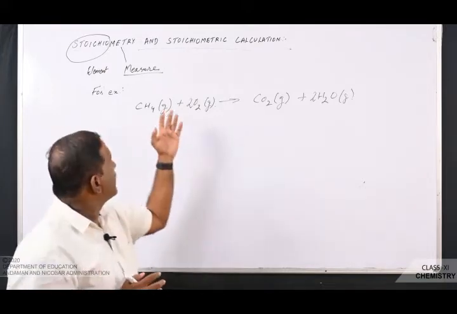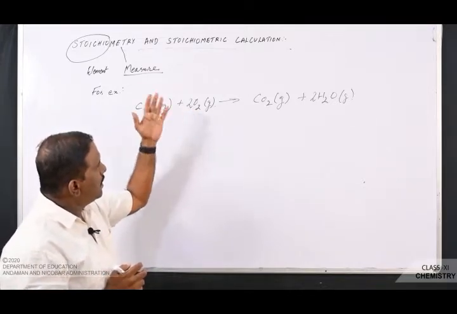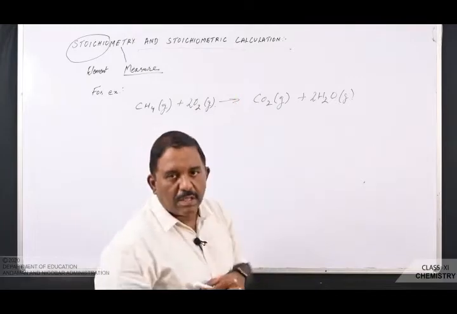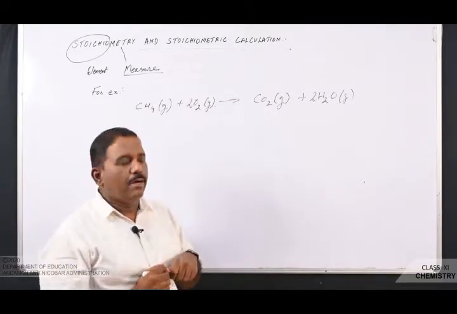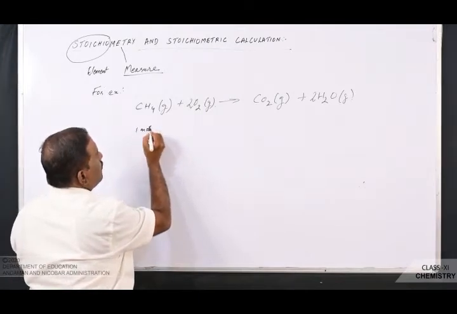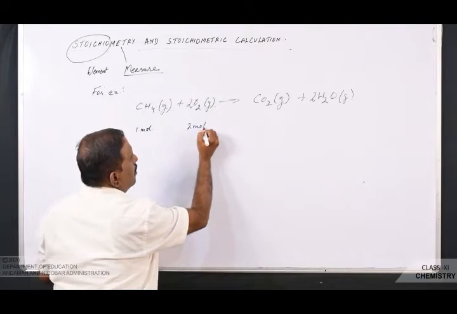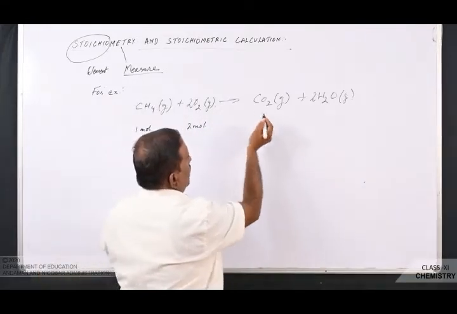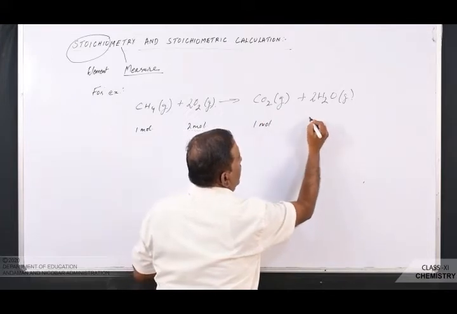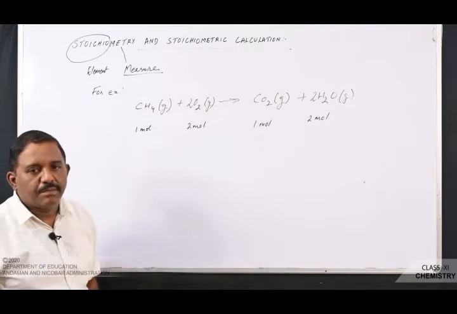So let us see an example, that is CH4, methane gas. When it burns with oxygen, it gives carbon dioxide and water. So here we can see from this reaction, 1 mole of methane reacts with 2 moles of oxygen to give 1 mole of carbon dioxide and 2 moles of water.